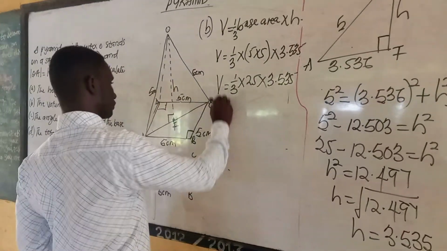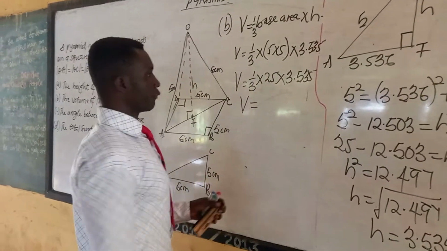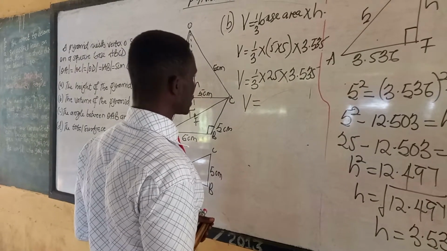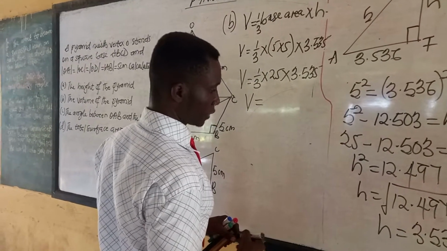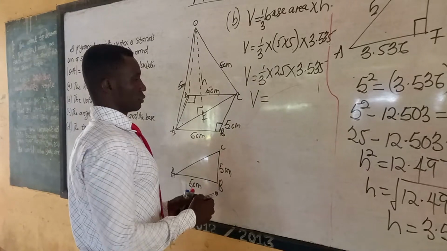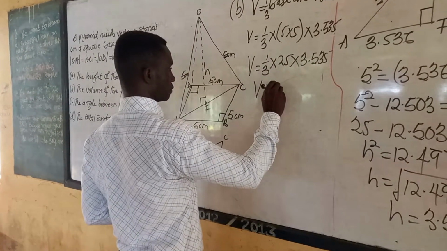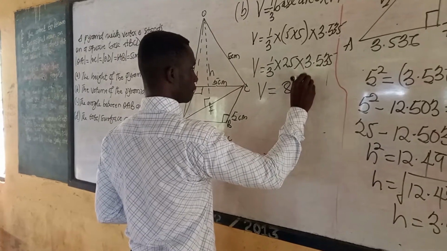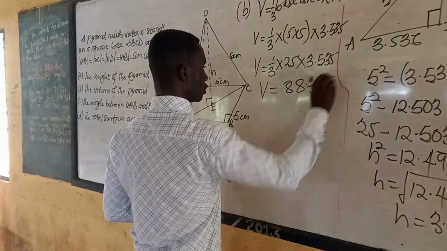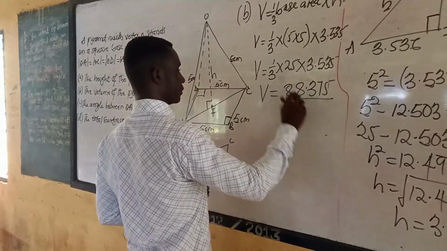So press 3.535 times 25. What do you get? 88.375. So we divide it by 3.